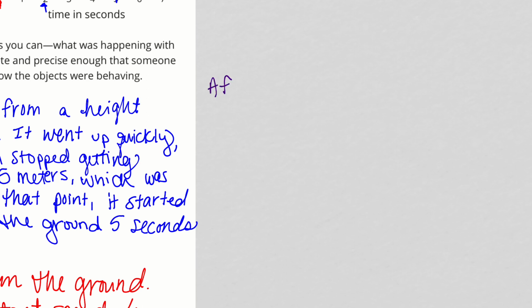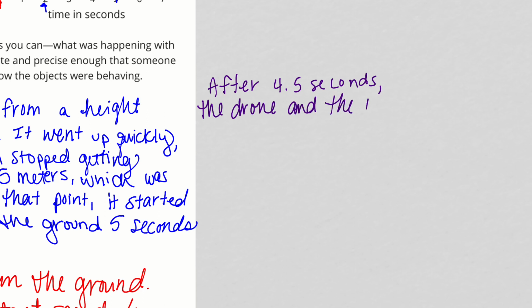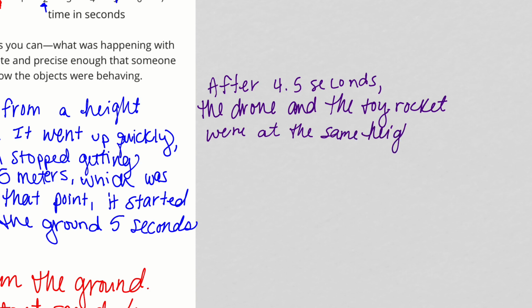So after 4.5 seconds, the drone and the toy rocket were at the same height, which was 20 meters.